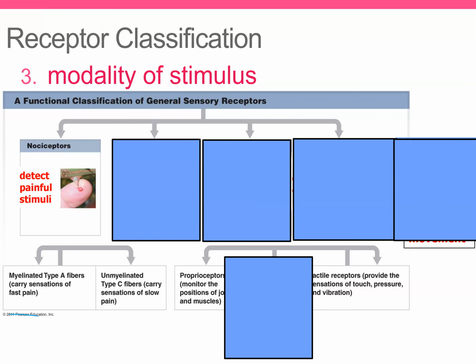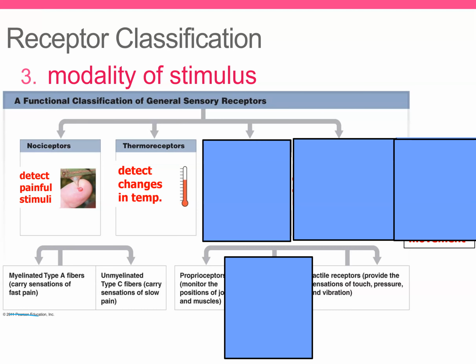Nociceptors detect painful stimuli. So you've cut your finger there, and it would be nociceptors that are in your skin that detect that pain. You have thermoreceptors. Thermo means temperature or heat. So this is going to be, of course, detecting changes in temperature. You've got these all spread out through your skin as well.